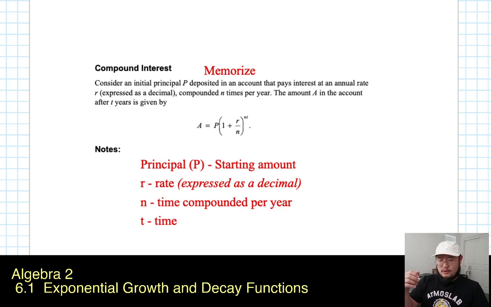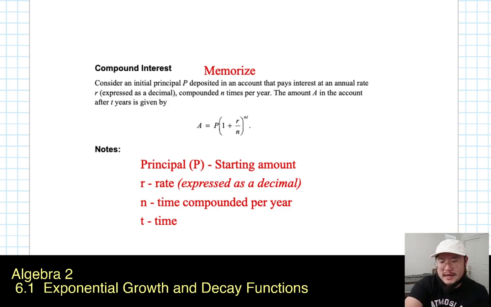Is it quarterly? 4 times. If it's biannually, 2 times. If it's daily, hey, more power to you. So it's going to be compounded 365 times. And then the time, how long? 1 year, 2 years, 3 years, 10 years, 20 years. That right there would be considered your time.